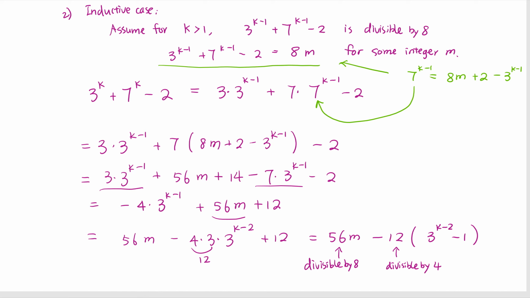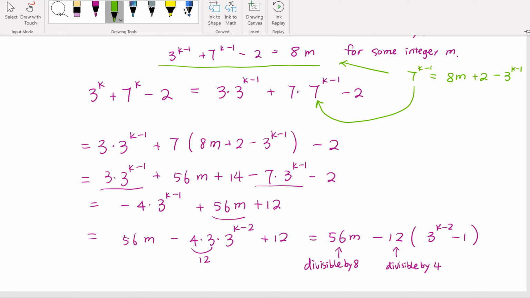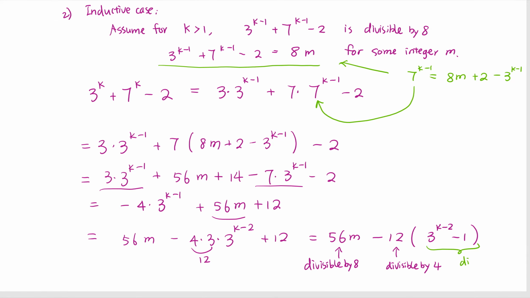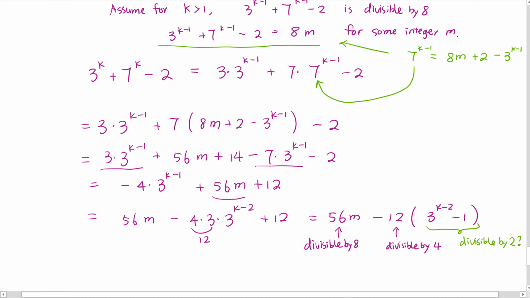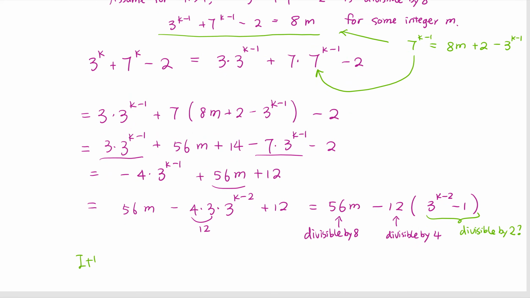So we are only left to show that this guy is divisible by 2. If we can show this guy is divisible by 2, then the product will be divisible by 8. So now it's left to show 3 to the k minus 2 minus 1 is divisible by 2.